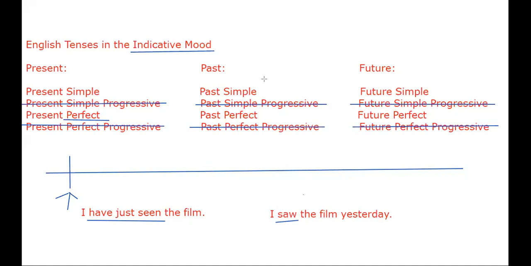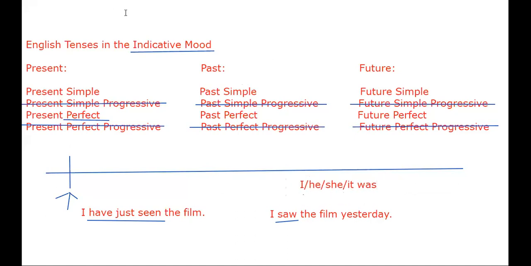And as for conjugating the past simple, every verb has the same conjugation except for be, because in be it's I, he, she, it was, for the verb to be.